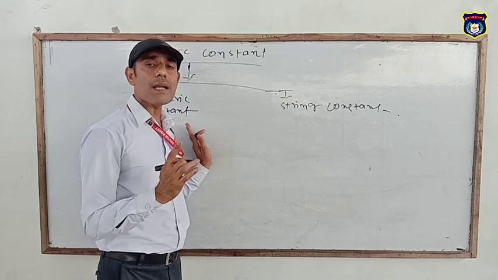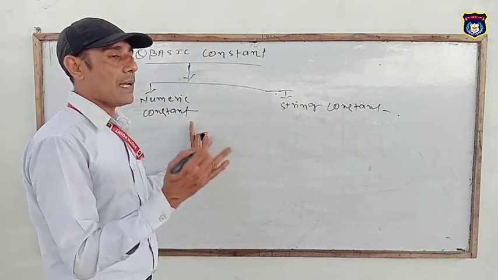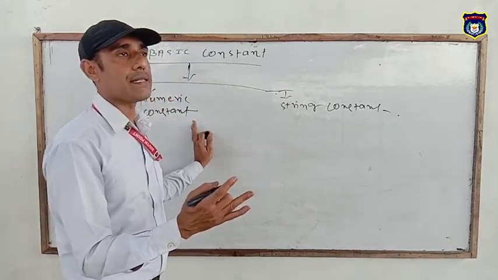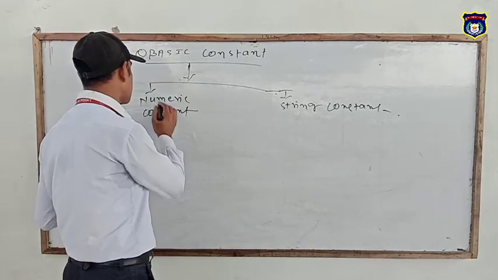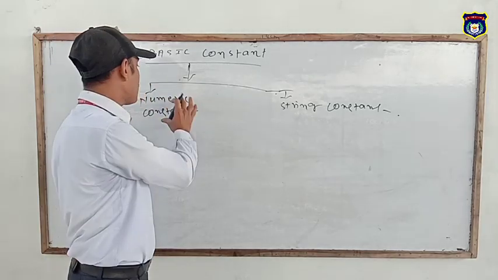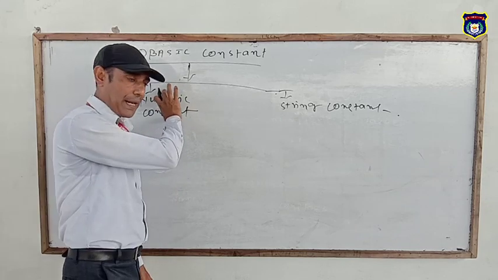The numeric constant means what? Numeric values like 100, 200, 300, in millions, in billions, in trillions, all are called numeric constants, which are used to store in numeric variables.